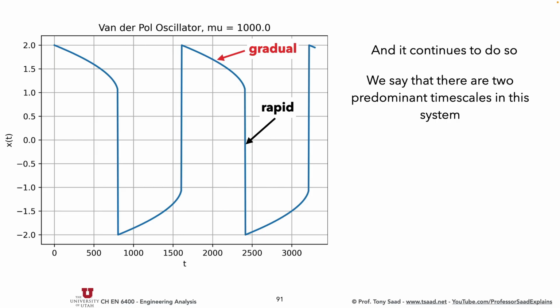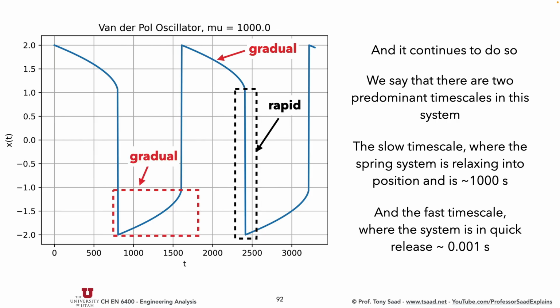So you move gradually, like anything's going to happen, it's going to take us 1,000 seconds to do something. It's the worst roller coaster ever. And then you drop down in a second. So these are regions of gradual change and rapid change. In this problem, because the x-axis is time, these are called the time scales of the system.